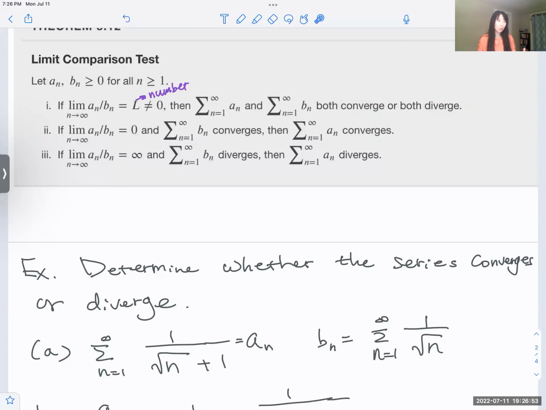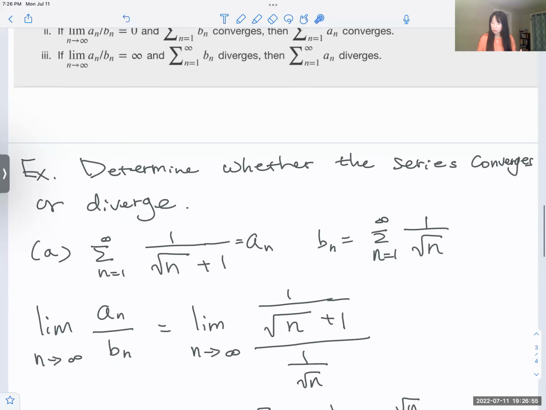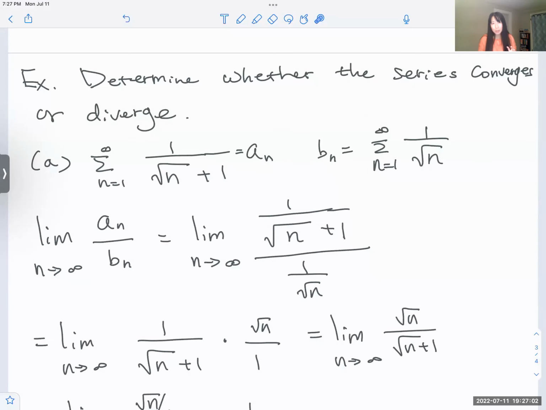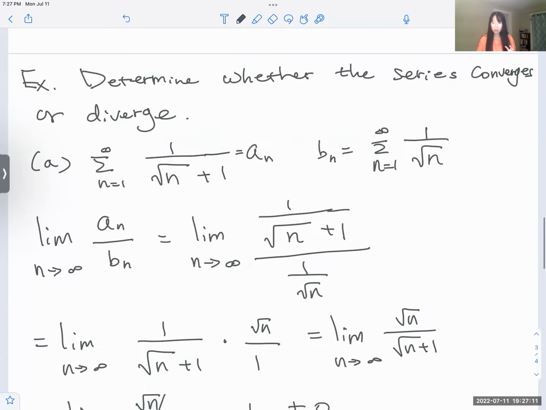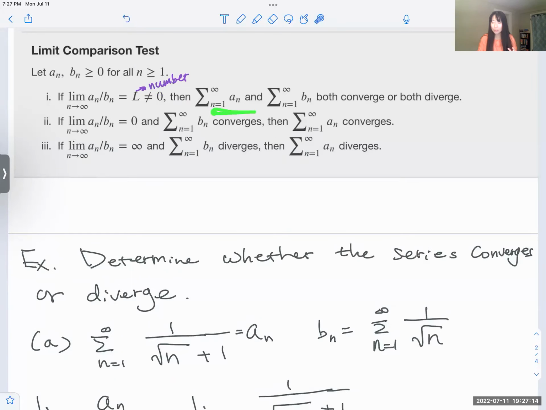All right. So look, this is very confusing. We are using the limit comparison test. We check that if we get a number, which is not 0, right? Then they said we have to determine whether both series converge or diverge, okay? Then how do we do that? For B sub n, how can we tell about this one?